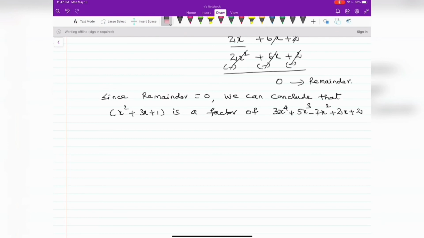You need to conclude your answer at the end. I told you many times, some marks will be allocated for writing the answer separately in the board examination. Just rewrite the same statement.